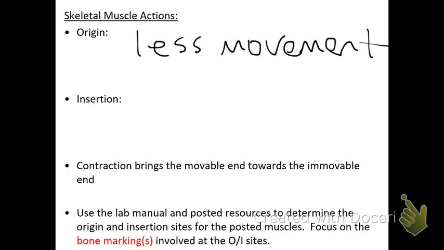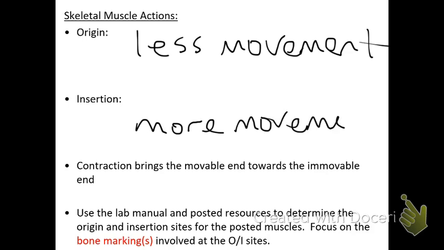The insertion is where there is more movement. By convention, the contraction of the muscle brings the more movable place, the insertion, toward the immovable place, the origin. So the insertion moves toward the origin spot.